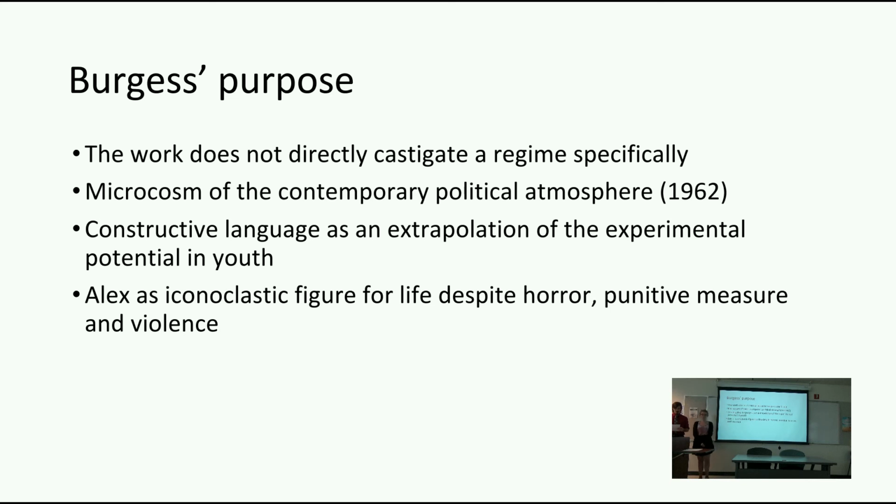So, once again, the work doesn't specifically castigate a society, but Nadsat works in a way to draw the reader out of their normal comfort zone, to talk about horrifically violent things simply at face value. True, they're ridiculous and wouldn't necessarily happen in the same way in real life, but Nadsat is a way to talk about this kind of violence in terms of growing up in the mind of an immature teenager.